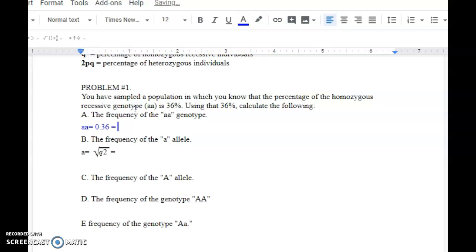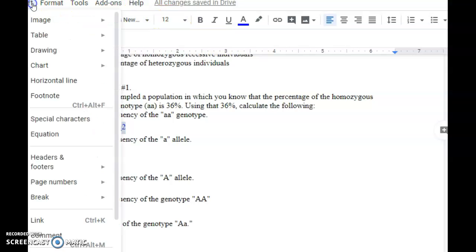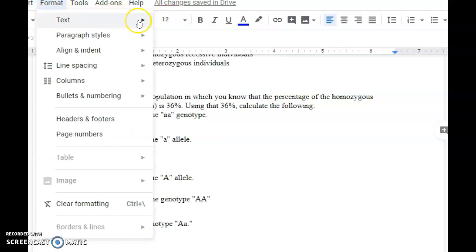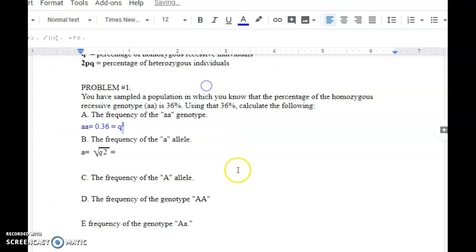And keep in mind, little a also equals Q squared. So it's the Q squared that it will equal. All right, so there's our first answer: Q squared, or little a, is 0.36.